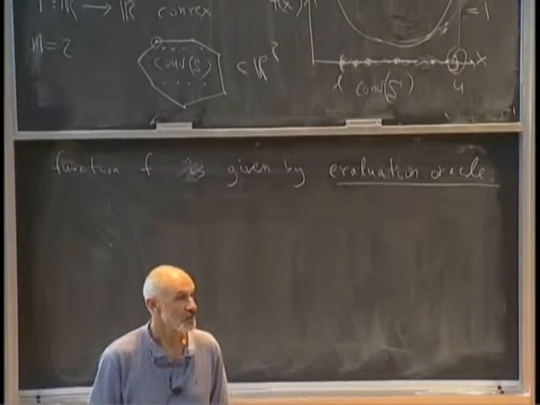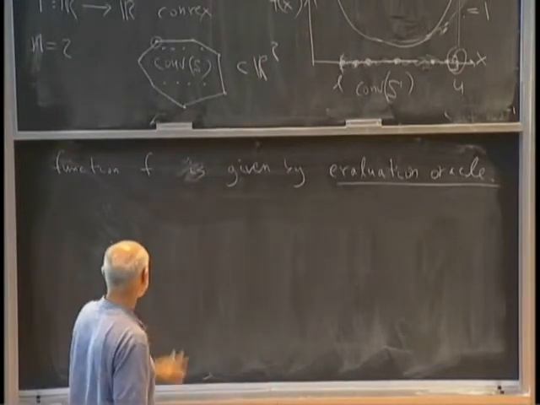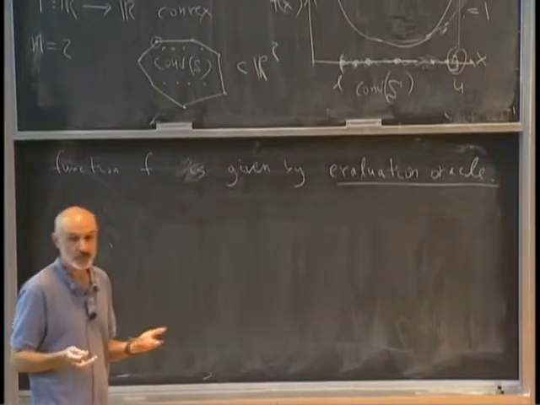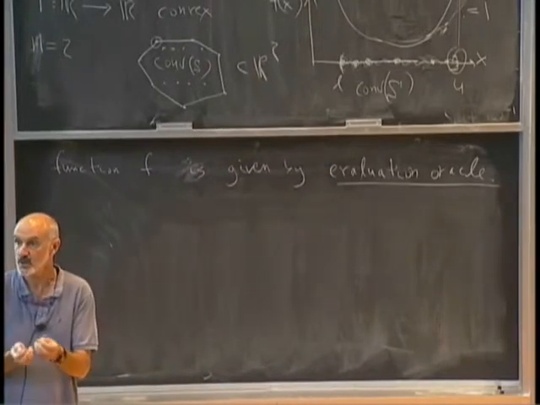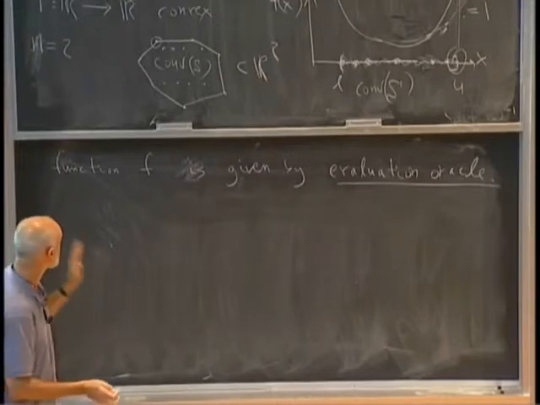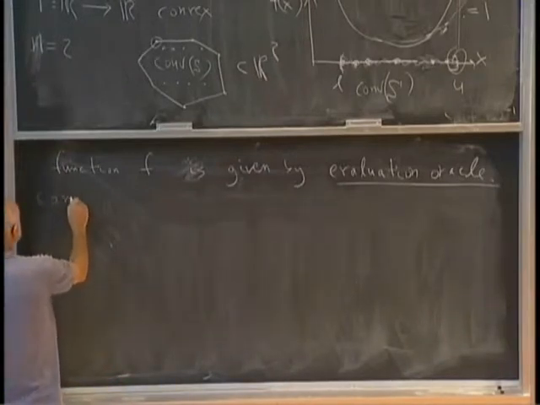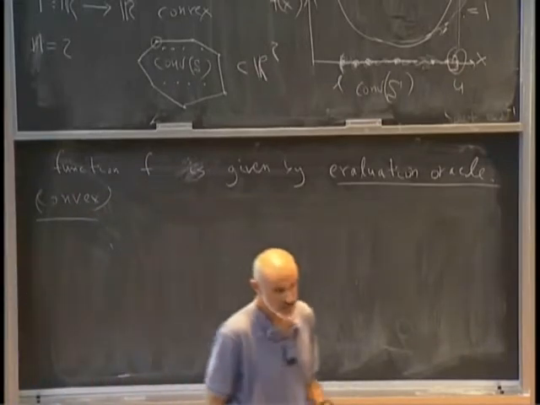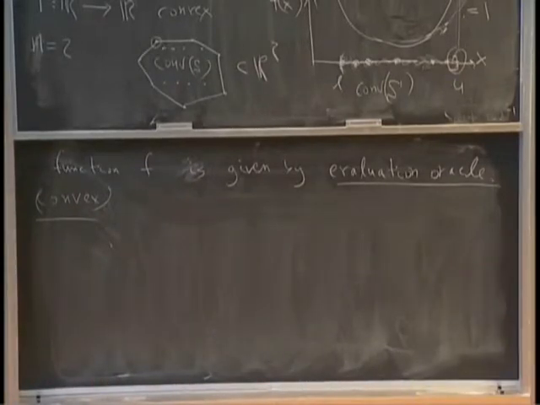That's the answer. It's given by the evaluation oracle. We cannot really see the function. We can just see locally at the point we ask. But on the side, we have some guarantee that it is convex. So we trust that. If it's not convex, our algorithm is not going to work. But if it is convex, and we have access to an evaluation oracle, we are going to be able to solve the problems. And now my question is the following.